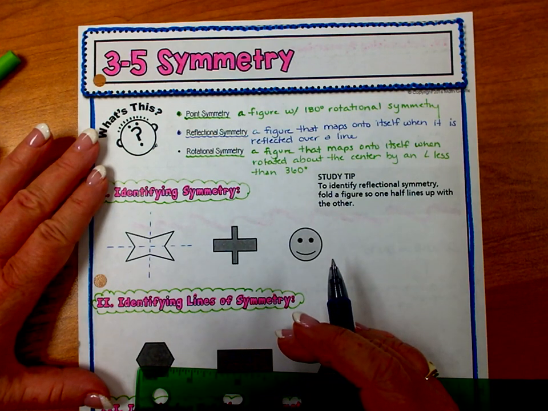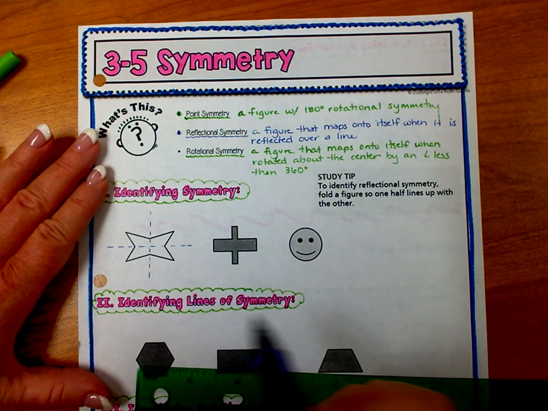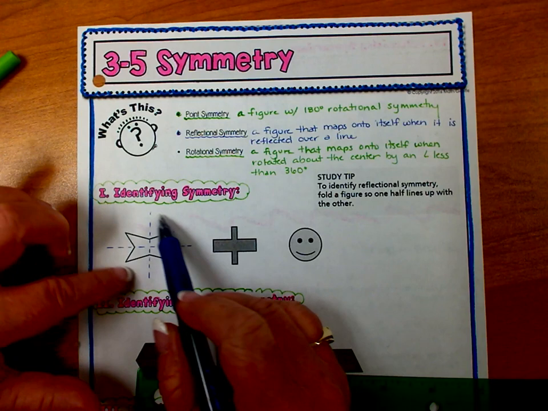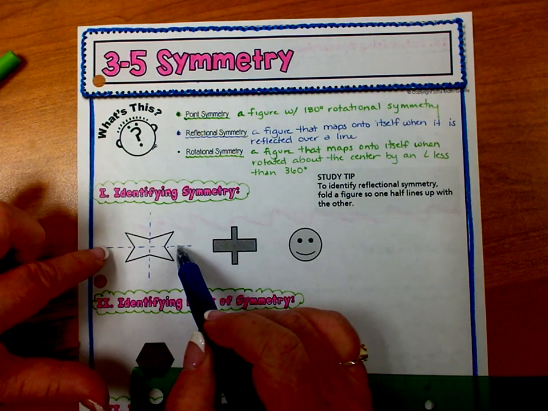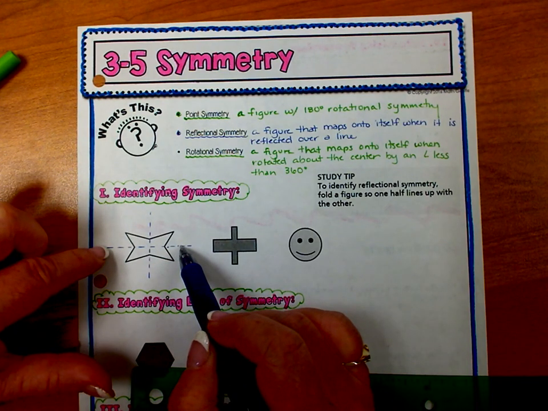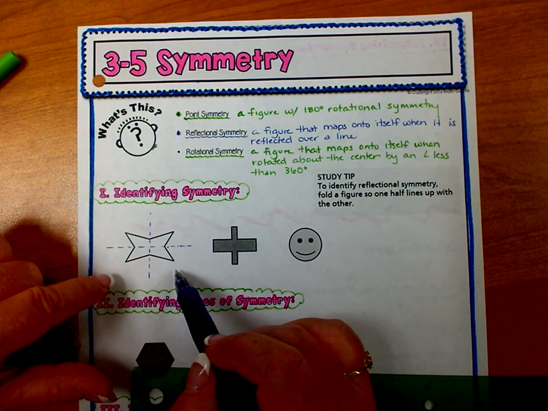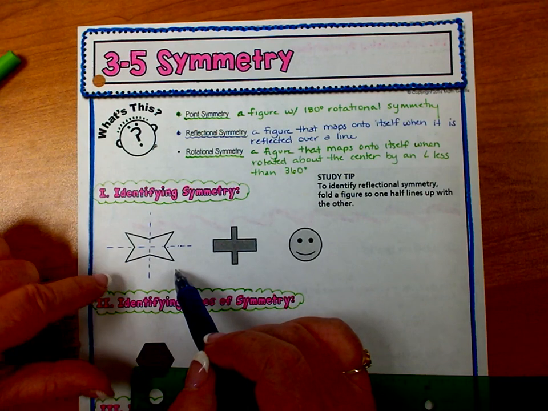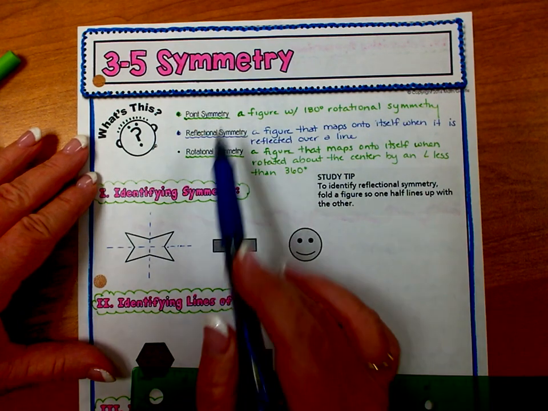And then it also has 180-degree rotational symmetry because when you spin it around, it's going to end up the same orientation as what it started with. So that means that if it has 180-degree rotational symmetry, then it also has point symmetry.